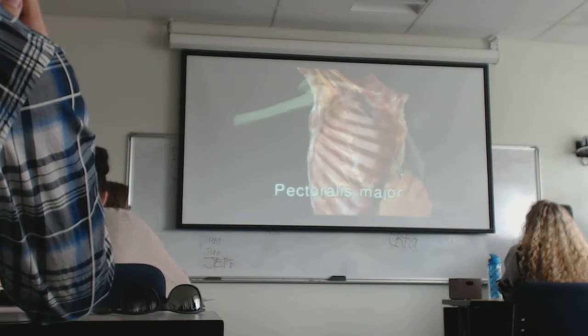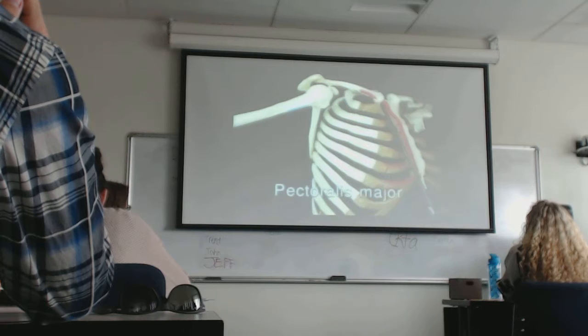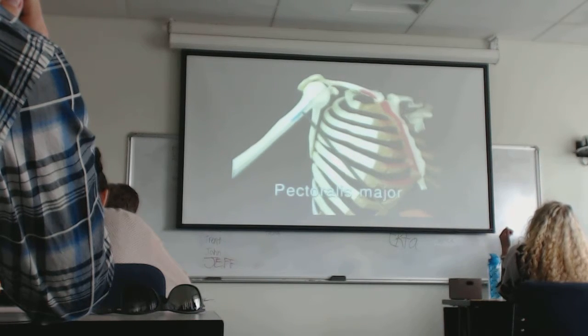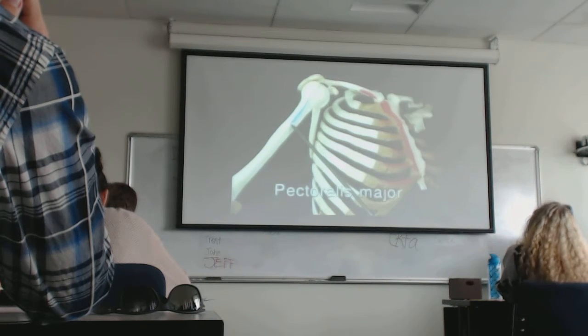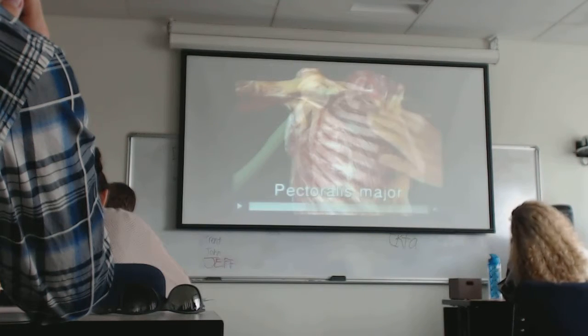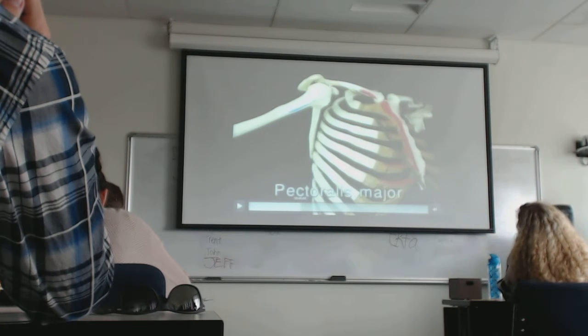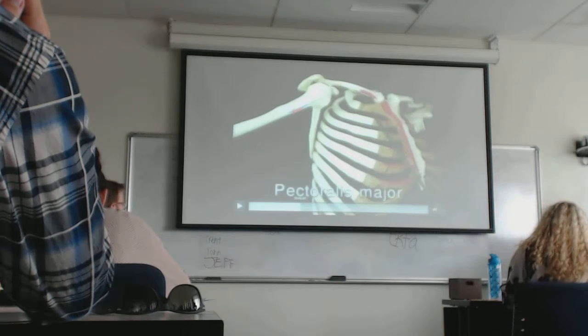Pectoralis major arises from the medial third of the clavicle, from the front of the sternum, and from the front of the first 6 costal cartilages. It's inserted here on the anterior edge of the bicipital groove. So if that isn't evident to you, make sure you know the distal attachment of the pectoralis at about this point.